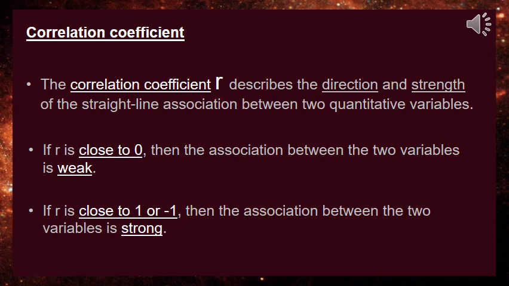When R is 1, it means that there is a perfect positive correlation. If R is -1, it means that there is a perfect negative correlation between two quantitative variables. So when R is anywhere between 0 and 1, it's positive.